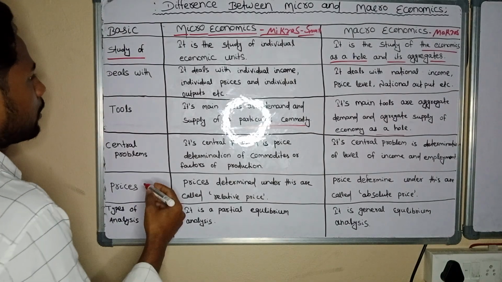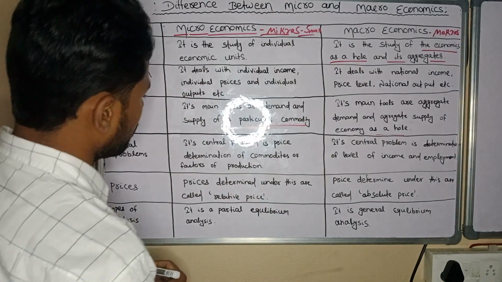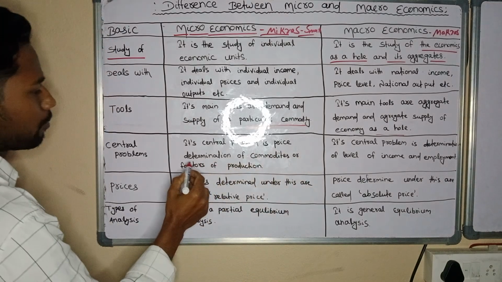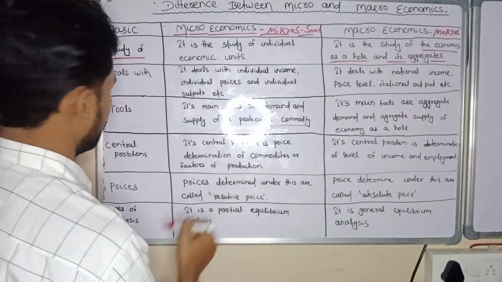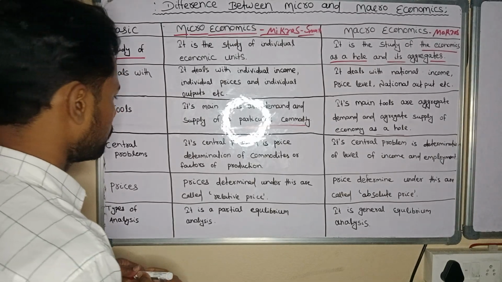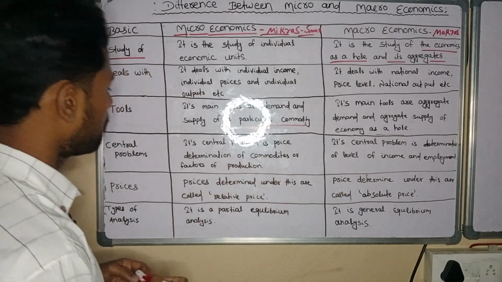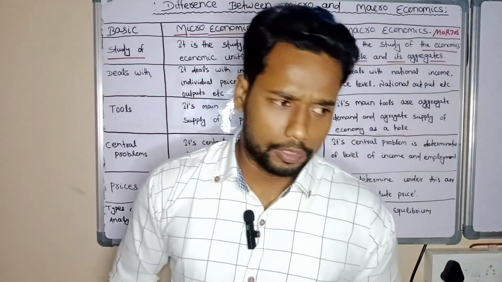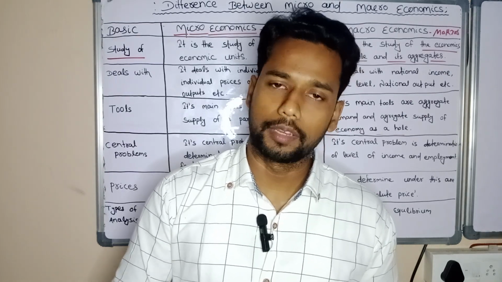Then what is the central problem under microeconomics? Its central problem is the price determination of commodities and factors of production. Factors of production means raw materials, labor, capital.